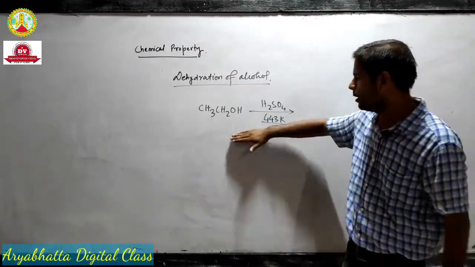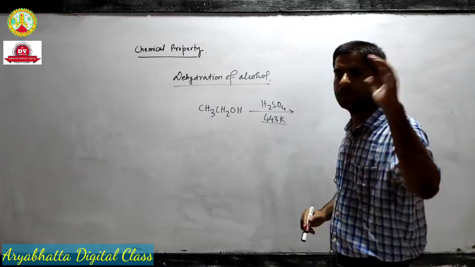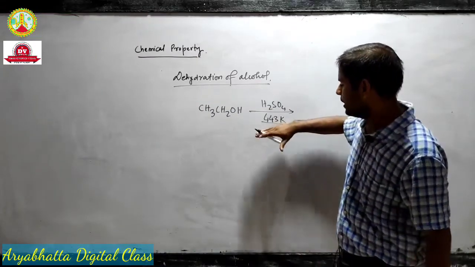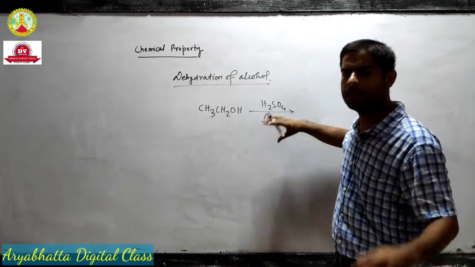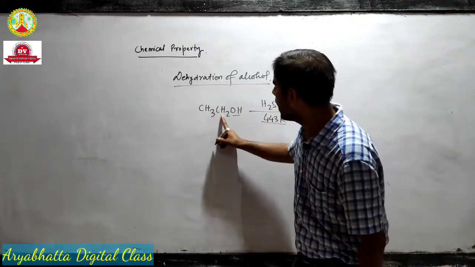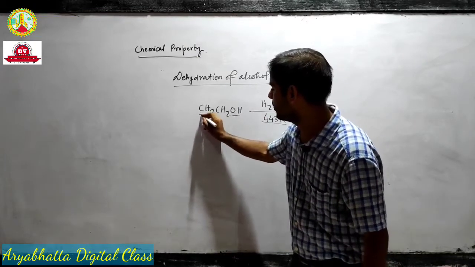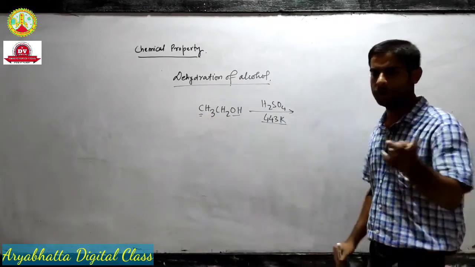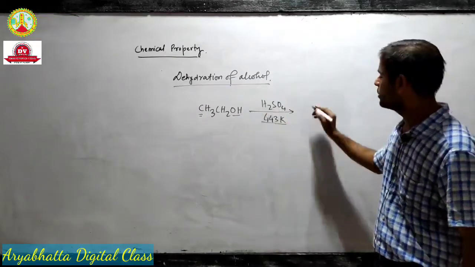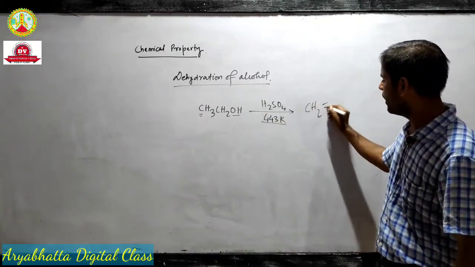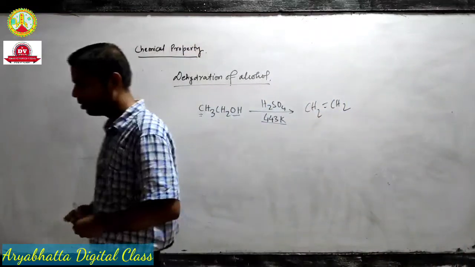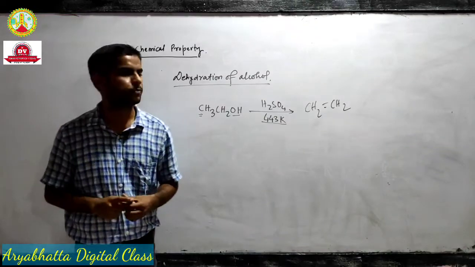For now, you can say that at 443 Kelvin with concentrated sulfuric acid, OH and a hydrogen from the adjacent carbon will be removed, that means water will be removed, absorbed by sulfuric acid, and we will get an alkene. We will get ethene.